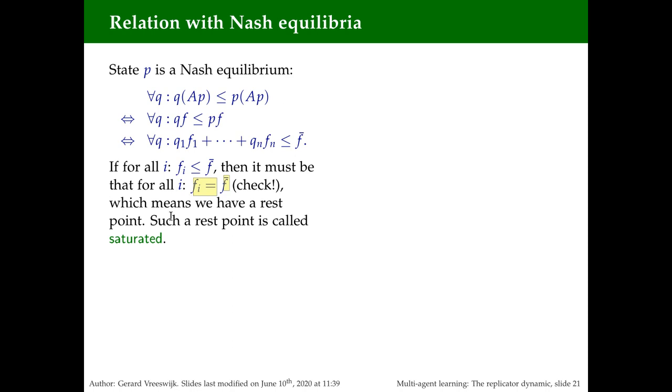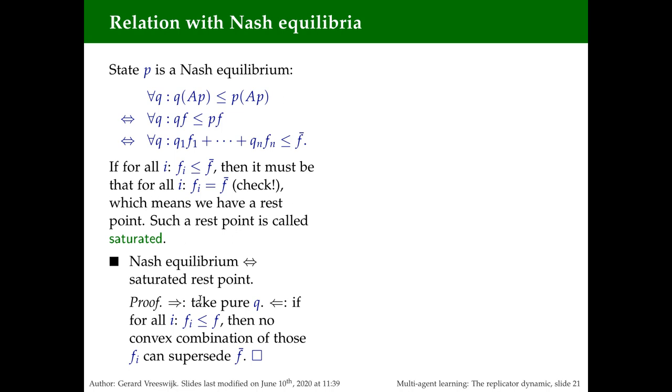So we now immediately have that a Nash equilibrium is a rest point. And a specific type of rest point, a saturated rest point, by definition, by name. And it works also the other way around, of course, because it's by definition. On the one hand, if you have a Nash equilibrium, you have a saturated rest point, that's by definition, but the other way around it works as well.